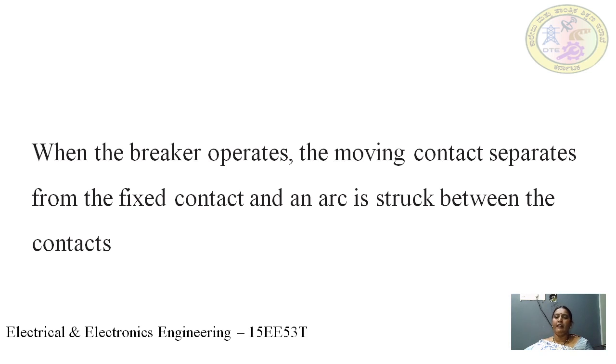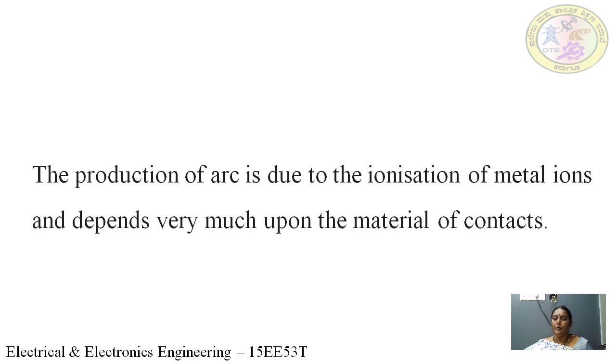Working. When the breaker operates, moving contact separates from the fixed contact and an arc is struck between the contacts. The production of arc is due to ionization of metal ion and depends very much upon the material of the contacts.